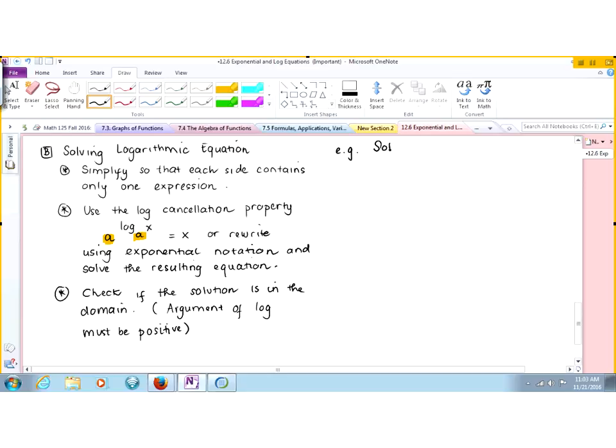So, for example, solve. Number 1. Log base 4 of 2x minus 5 is equal to 3.